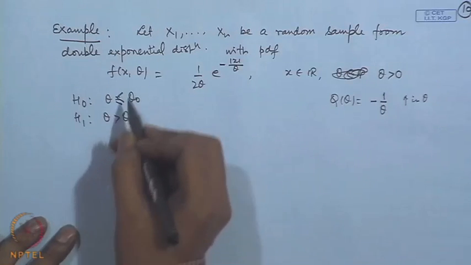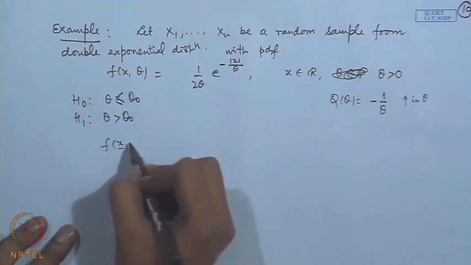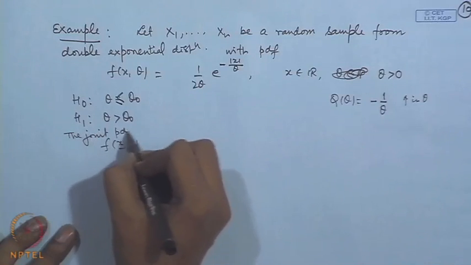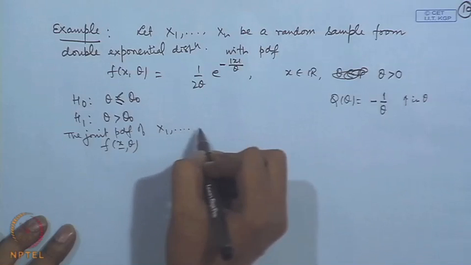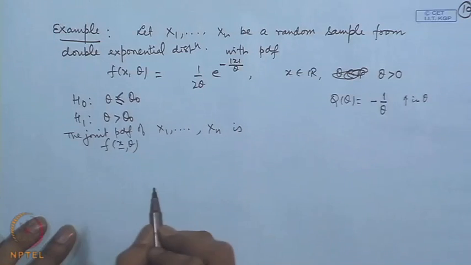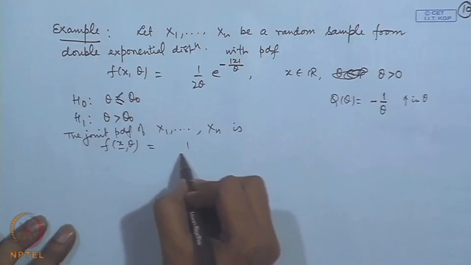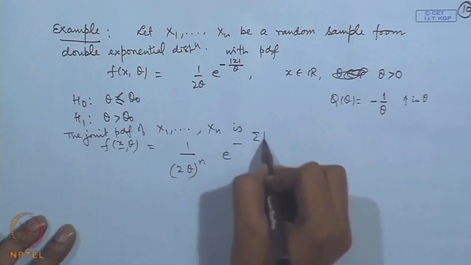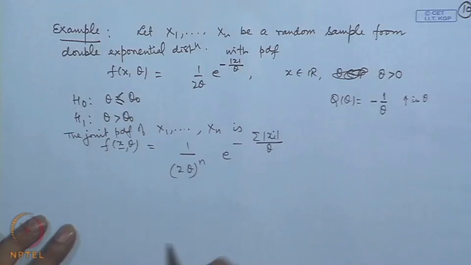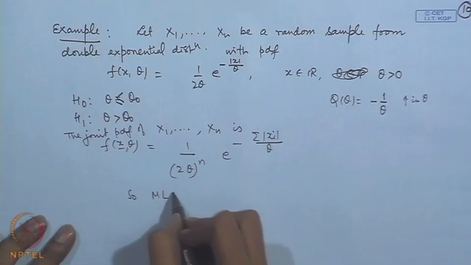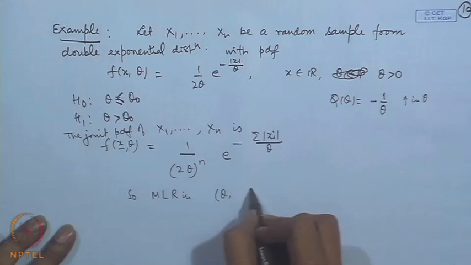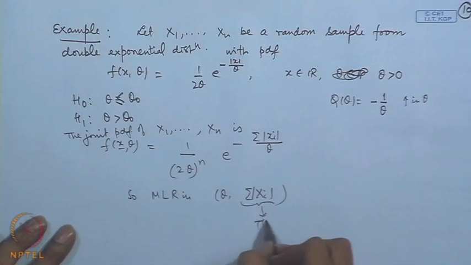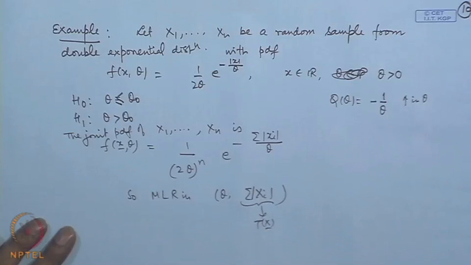Suppose I write down the joint distribution of X1, X2, ..., Xn. That is equal to 1 by 2 theta to the power n e to the power minus sigma modulus of x i. So, monotone likelihood ratio in theta and sigma modulus x i, this is T(x).